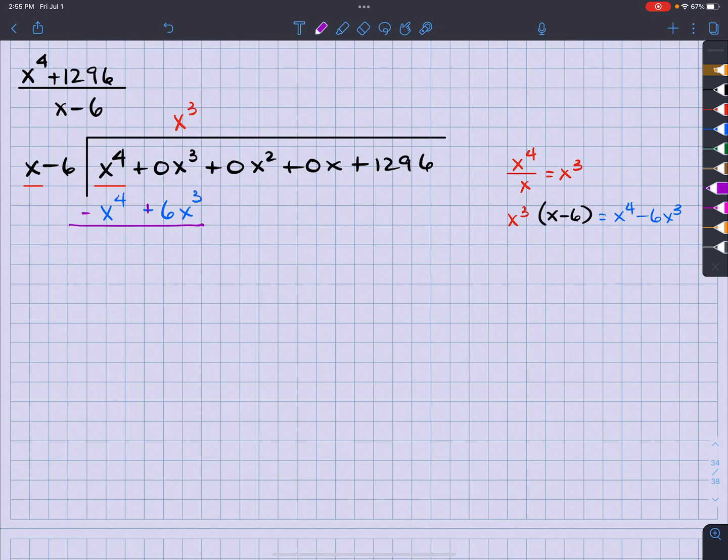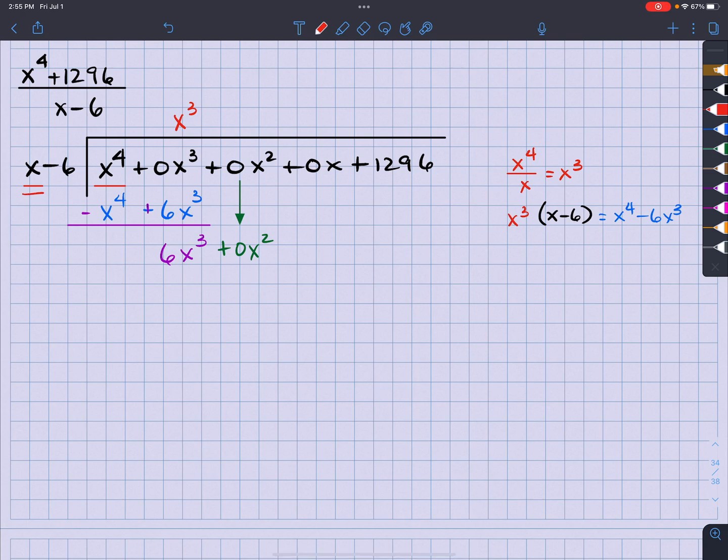I add, so I have 6x to the 3rd. Then the 4th step is bringing the next term down. Then I repeat all the same 4 steps.